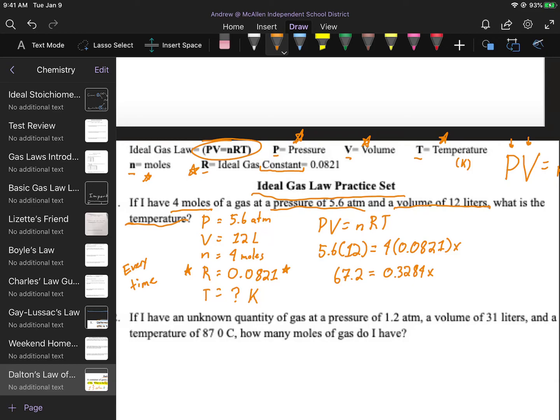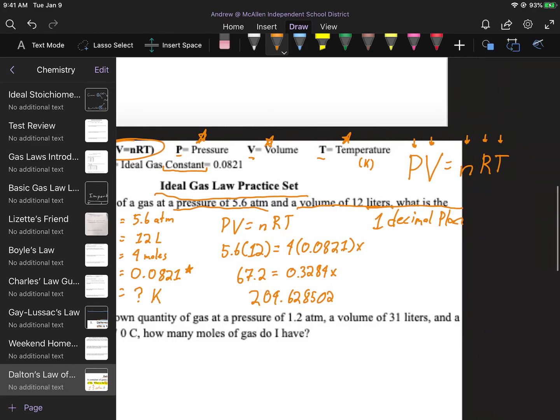Let's divide both sides by ideal gas constant. So 67.2 divided by 0.3284, 204.62850, etc. Just like always, 1 decimal place. So it's going to be 204.